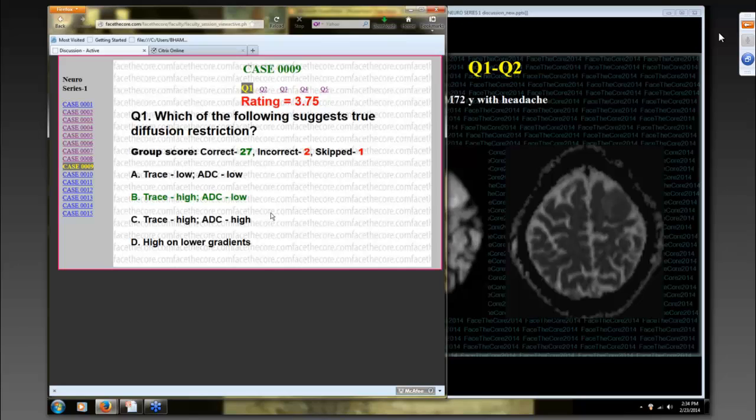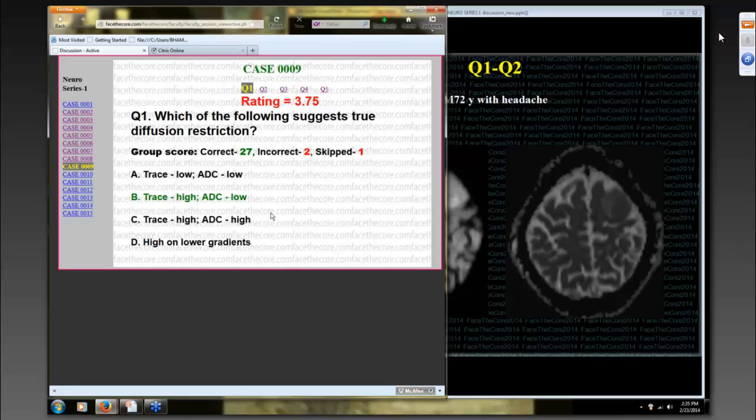Those are the two important differentials that you need to consider whenever you see a high signal on the trace images. Is it a true restricted diffusion or is it an artifact because of the T2 signal shining through even with the maximal diffusion gradients that are applied?